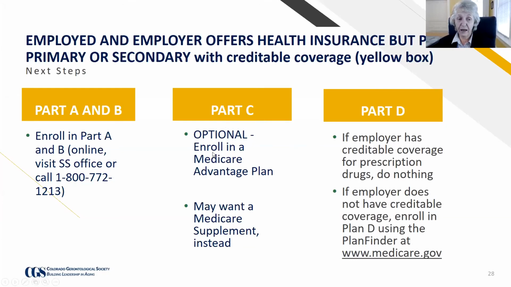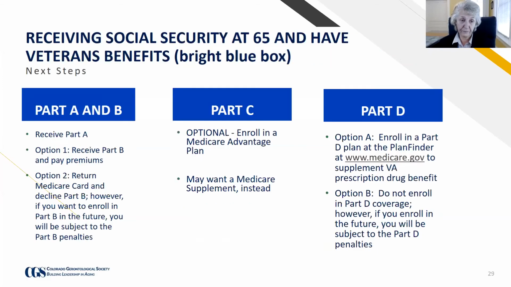We can or cannot enroll in a Medicare Advantage and a Medicare supplement, and we will need to figure out if your employer has credible coverage for Part D. If they do, then we're going to let Medicare or Social Security know that. If they don't, we're going to enroll in a Part D.